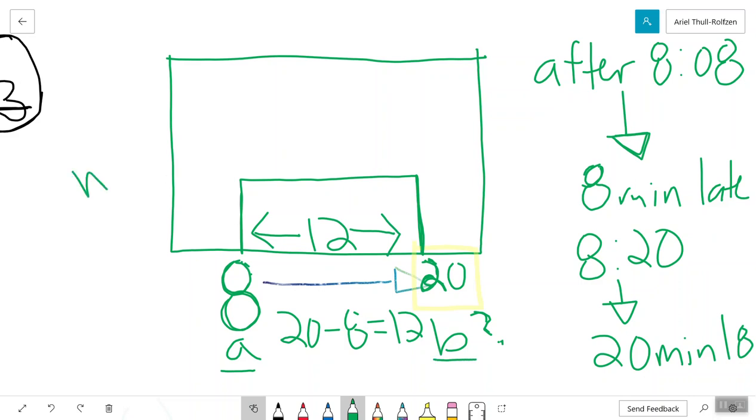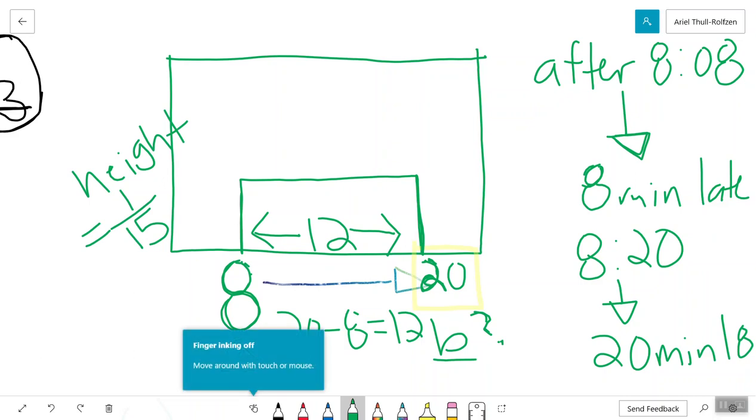The height equals 1/15, the same as the last two that we've done, because the 1/15 encompasses the entire set from 5 minutes late to 20 minutes late, because the problem says the same probability rule only applies between 5 minutes late and 20 minutes late. So that's why we've got to stick with the same height.